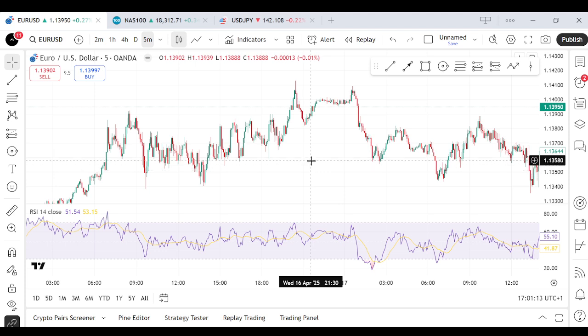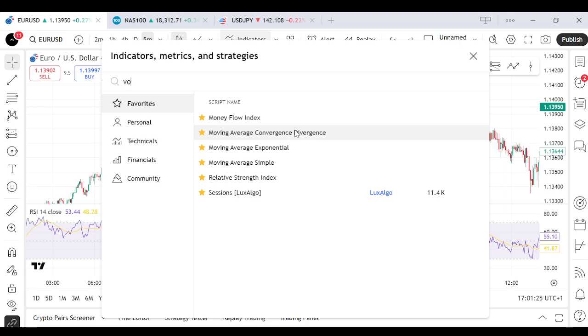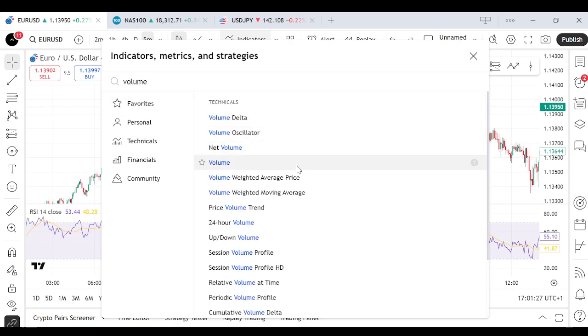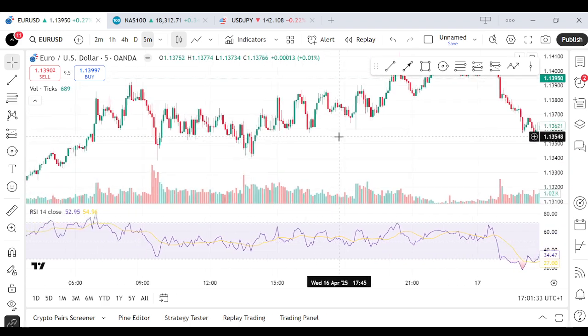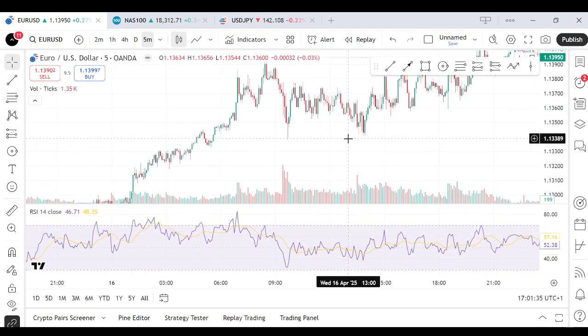They help confirm trend direction and they gauge the intensity of price movements. Volume analysis is also critical, as high trading volumes often validate the strength of momentum. Let's quickly add the volume indicator. We have volume on our chart. This will help us gauge and confirm the momentum in the market.